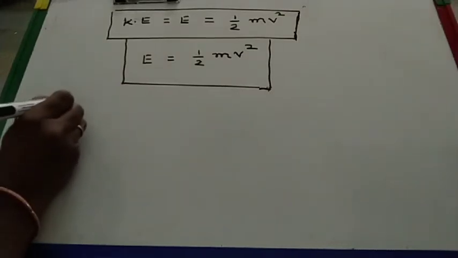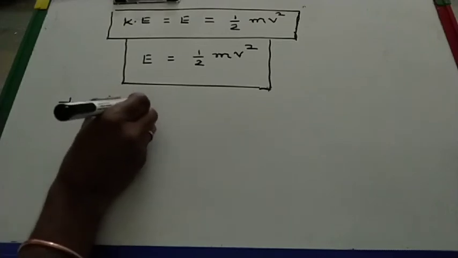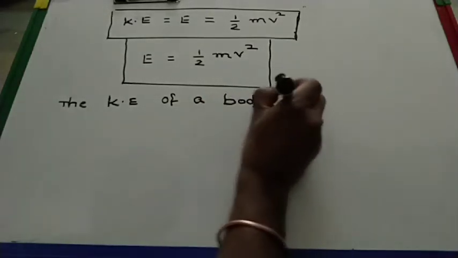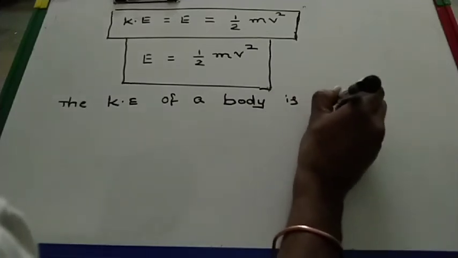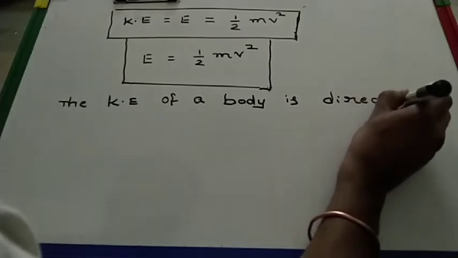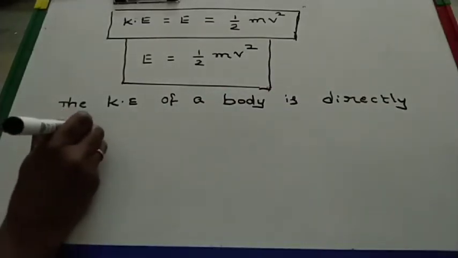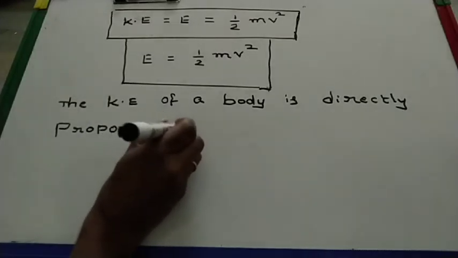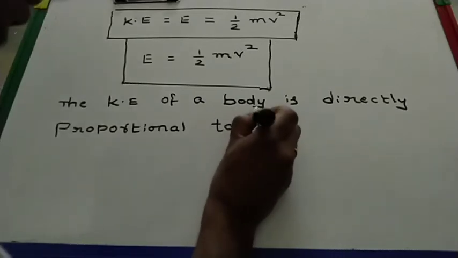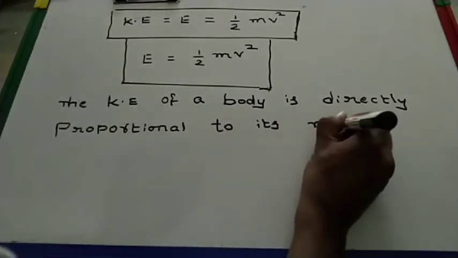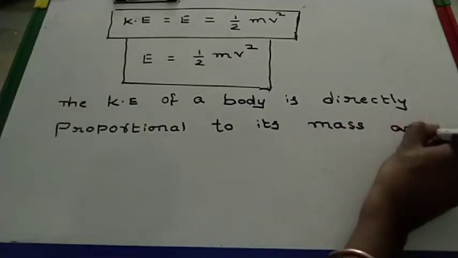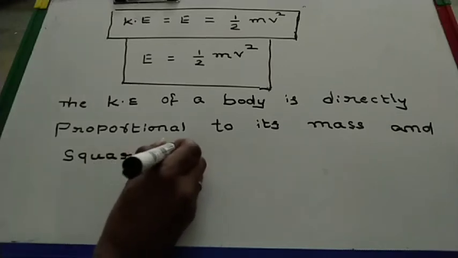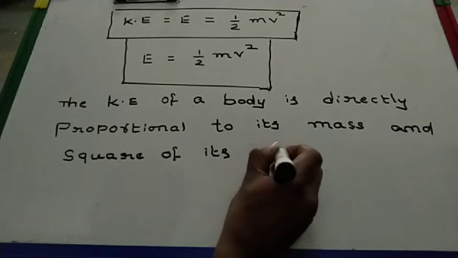The kinetic energy of a body is directly proportional to its mass and square of its velocity.